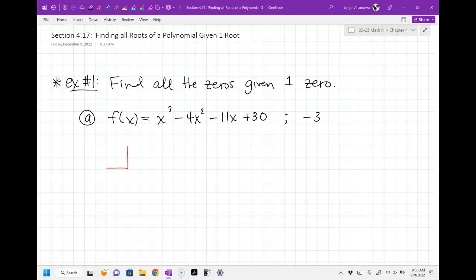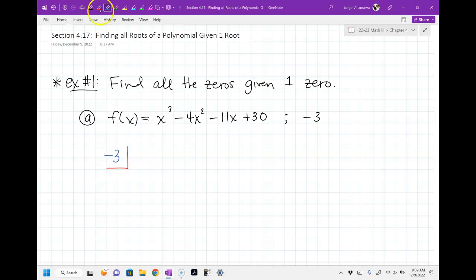They want us to use that -3 exactly the way it's given. So I'm going to put -3 right there. I'm not going to change its sign. You only change its sign if it's in a parenthesis and it says x plus 2, then you use -2. If they put x minus 1, then you put a positive 1. This is not in a parenthesis, so use the exact number they're giving you.